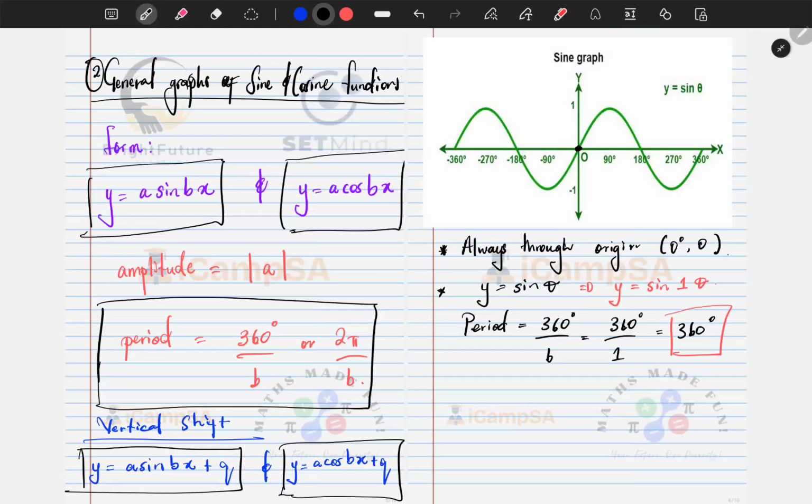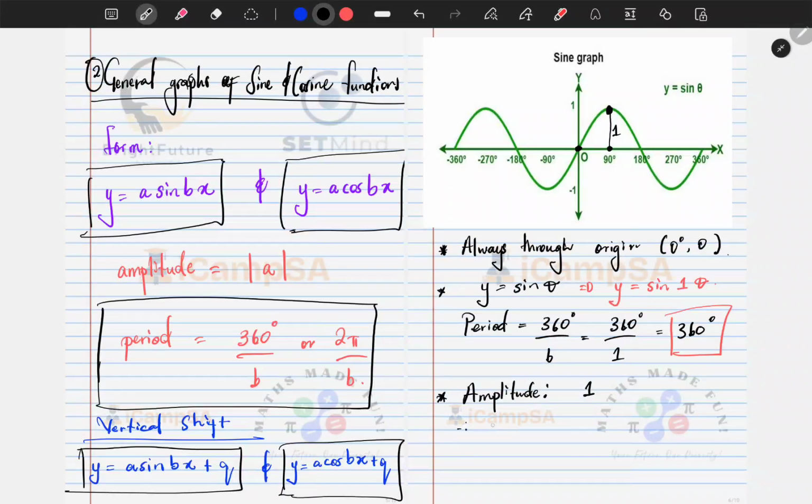If I were to say give me the amplitude, remember what I said the amplitude is. The amplitude is the maximum height of the graph from the origin. So if I take the point here, the distance from here to here is going to be 1, as can be seen. So amplitude is going to be 1.